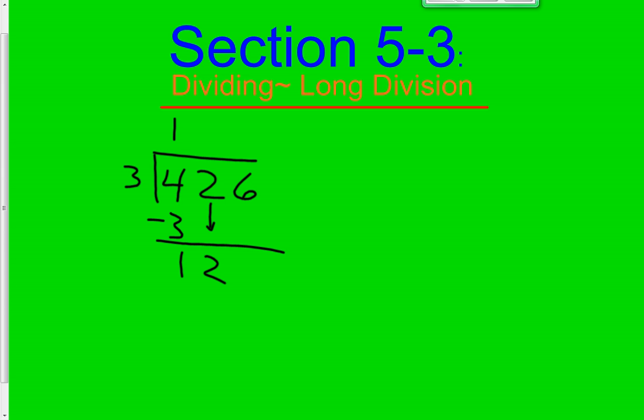Same thing. So now we have 3 going into 12. That happens 4 times. Multiply it down. 4 times 3 is 12. Subtract, 0, bring down the 6, and then it goes into there twice. And then we multiply back down, 6, subtract, and we get a remainder of 0. So our answer is 146. Let's talk about some of the terminology here.